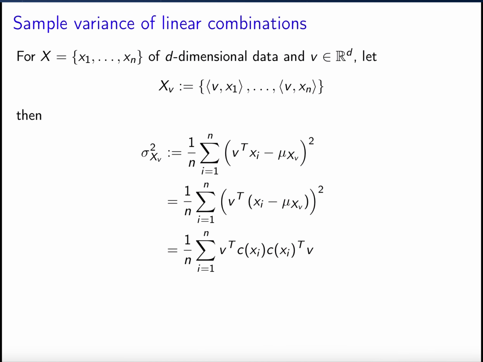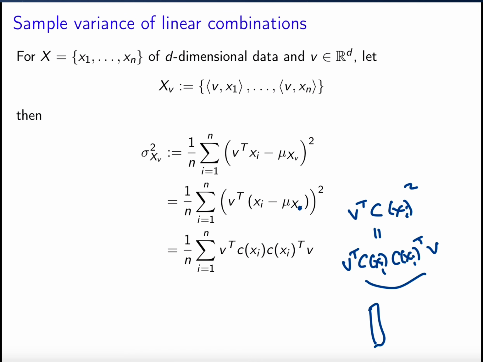Now annoyingly this is going to appear again, but I'm going to remove it again. And now, exactly the same as what we did for the covariance matrix, we can write V transpose Cx squared as V transpose Cx times Cx transpose V, and again you have this outer product, and now we're averaging those outer products.